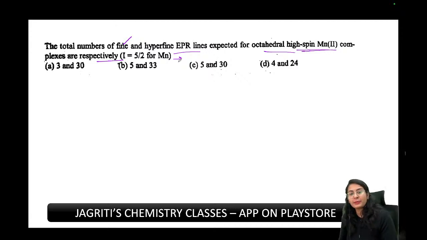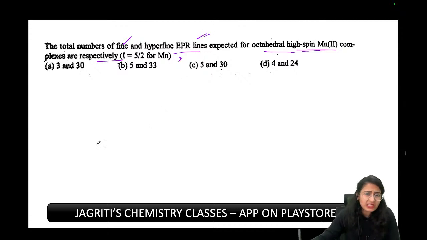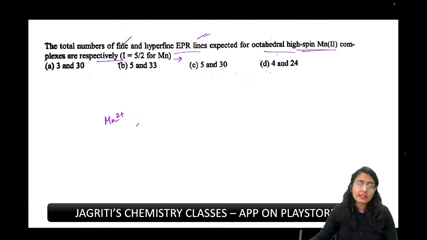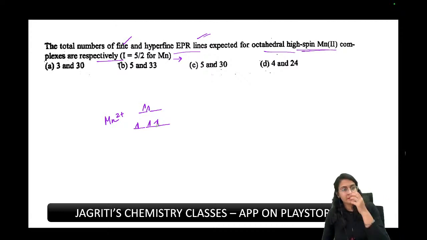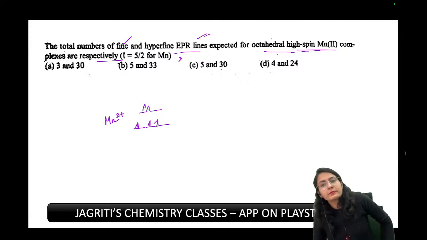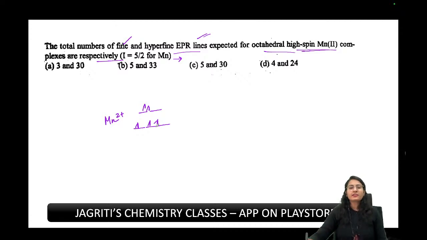What are the fine and the hyperfine lines in the EPR spectrum? चलो देखते हैं. So we are only considering for manganese. Manganese 2 plus is a d5 system. All right, high spin complex of manganese 2 plus is a d5.